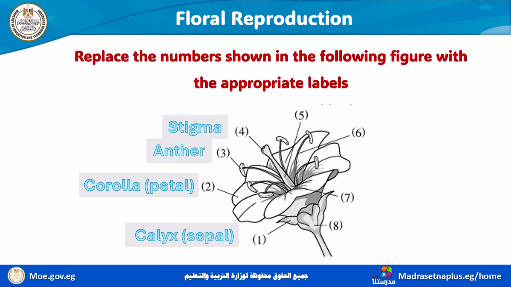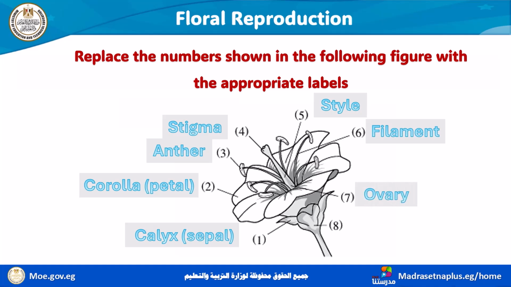Number 5. Number 5 is the style, which is the second part of the pistil. Number 6 is called the filament, which is the second part of the stamen, as the stamen consists of a filament and anther.